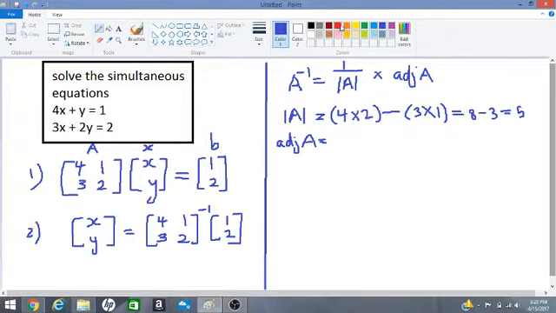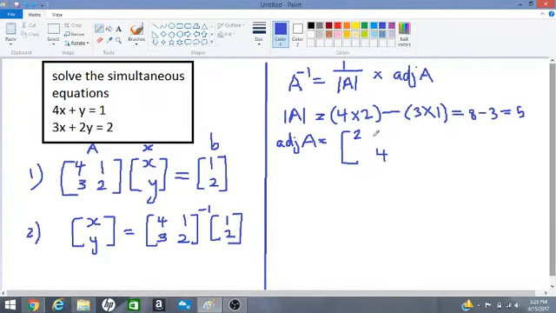And remember, we have to do some switching around. So we switch the 4 and the 2 around. We interchange their positions. So the 2 will be here and the 4 will be here. Afterwards, we change the signs. So this would be negative, negative here. We change the signs along this line.